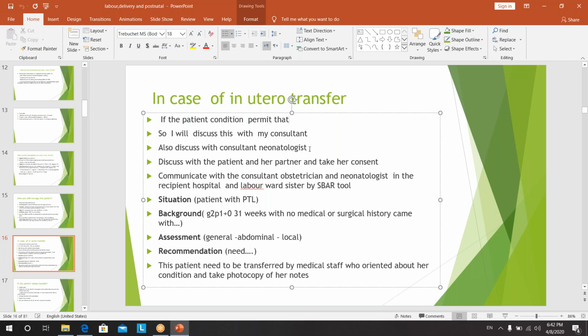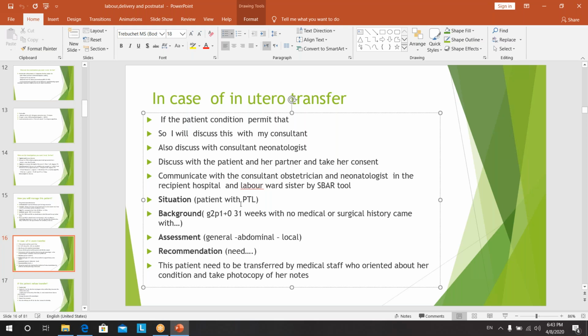When you talk to any of your colleagues, you have to use the SBAR tool analysis. SBAR is an abbreviation of four words: S for situation, B for background, A for assessment, and R for recommendation. Whether it is your consultant, the consultant obstetrician, or even the labor ward sister, you have to talk with the SBAR tool.